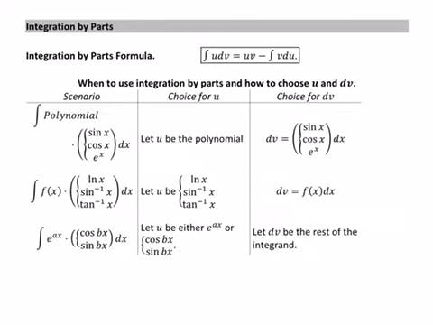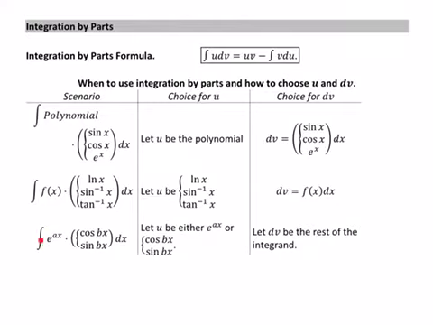Now, remember, we choose one function that we're going to differentiate. We're going to choose another function to integrate. I don't know the antiderivative of any of the three inverse functions listed here. So I'll let u be one of those inverse functions, and then dv is going to be the other function that's there.